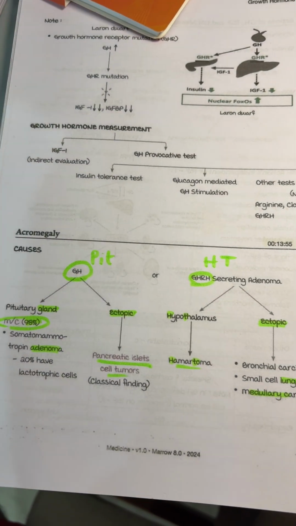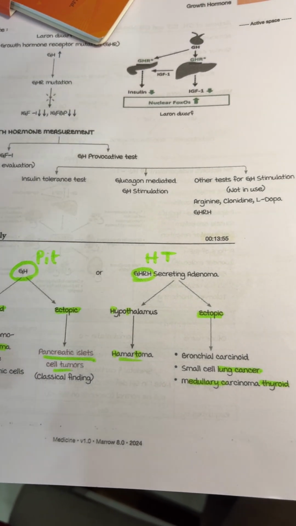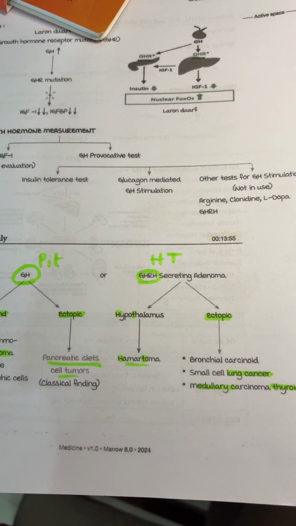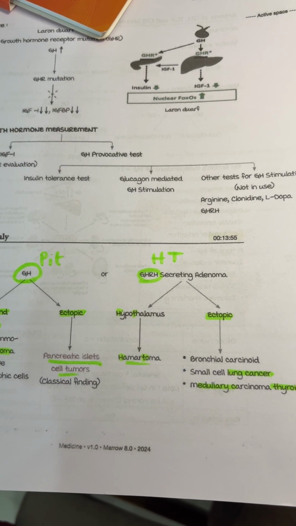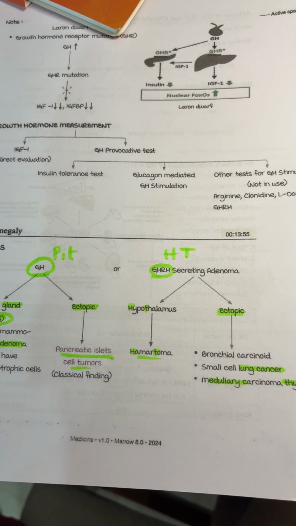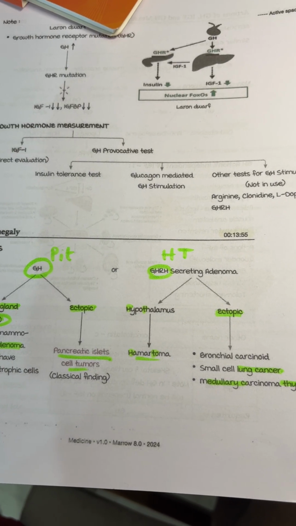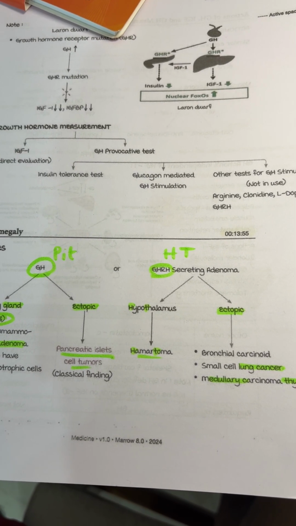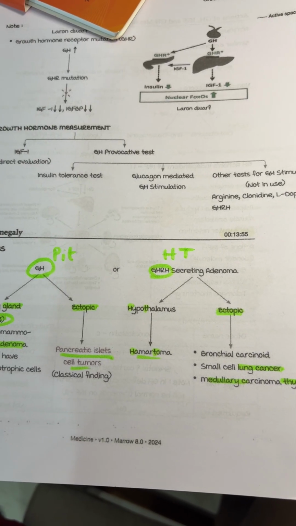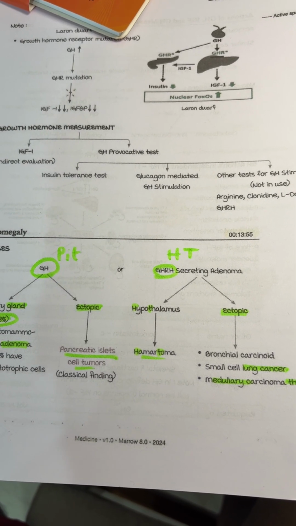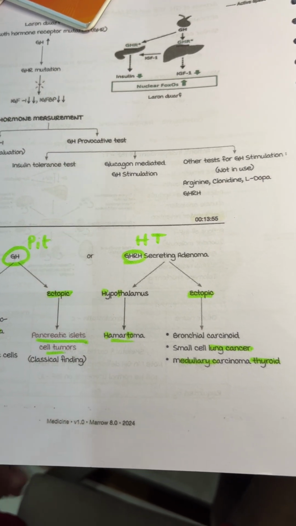Now, the hypothalamus releases growth hormone releasing hormone that acts on the pituitary to release growth hormone. Here in the hypothalamus as well there can be a tumor in the form of a hamartoma of the hypothalamus, and it can also be ectopic secretion of GHRH, which can be secondary to lung cancer, medullary carcinoma of the thyroid, or bronchial carcinoid.